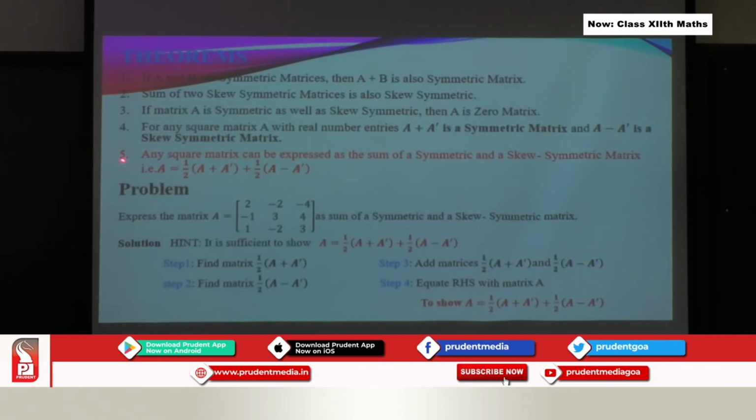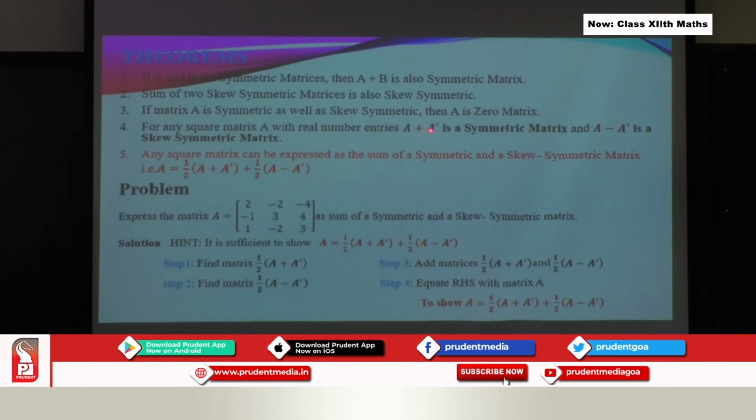Now the fifth theorem is very, very important. You may get problems based on it. Before I go to the fifth, I must talk about the fourth, because the fifth is a continuation of the fourth. For any square matrix A with real number entries, A plus A transpose is a symmetric matrix, and A minus A transpose is a skew symmetric matrix.